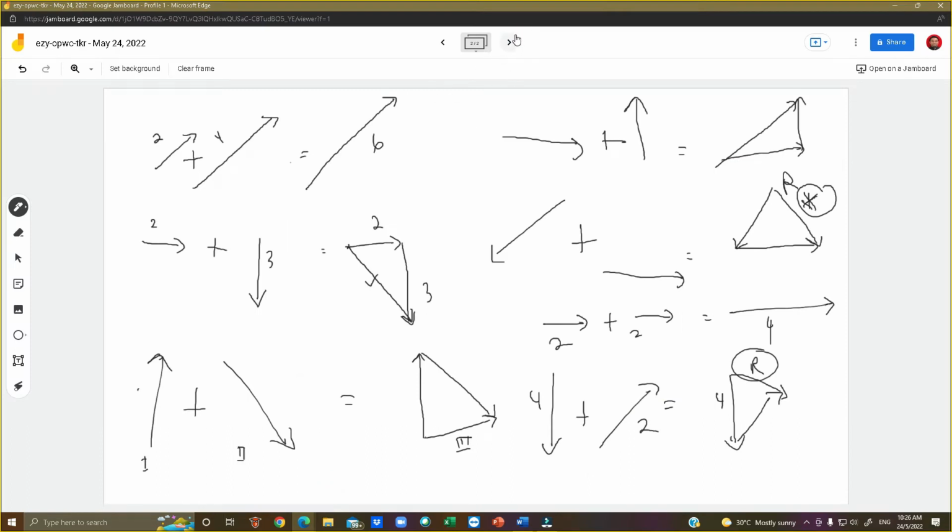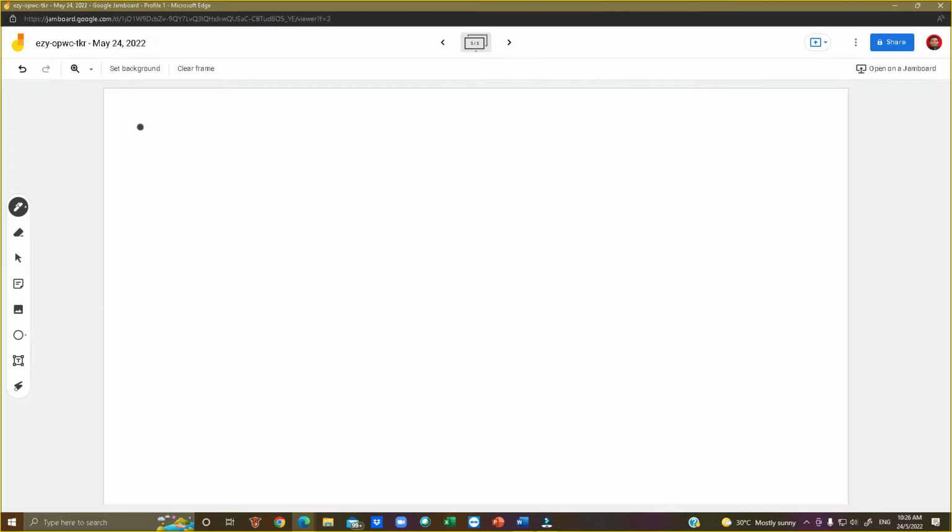Vector composition macam ni. Kalau kita ada satu macam ni, plus dengan satu macam ni. What we are going to do is we are going to do the first one and we are going to do the second one. And tail to head. Head to tail. This is the resultant. Vector resolution, kalau kita ada force macam ni, we try to resolute dia, apa yang akan terjadi ialah 1, 2.